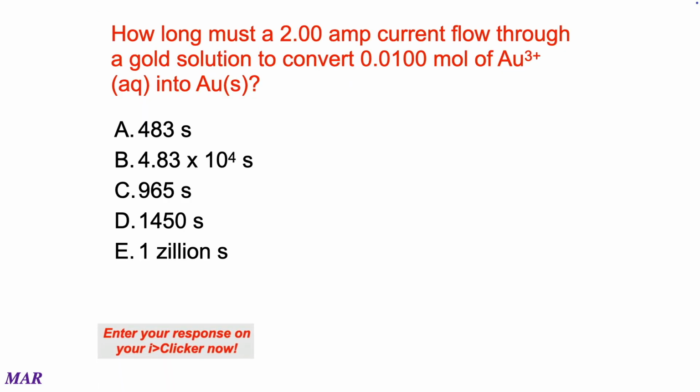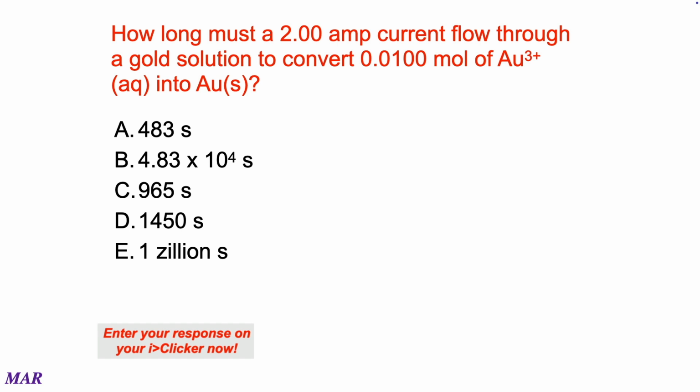Okay. This last question is on what's called quantitative electrochemistry. In the last reaction, aluminum reacts with nickel 2 plus to make aluminum 3 plus and nickel. You put this stuff together and it just starts reacting. This problem is an example of a reaction that won't automatically happen.